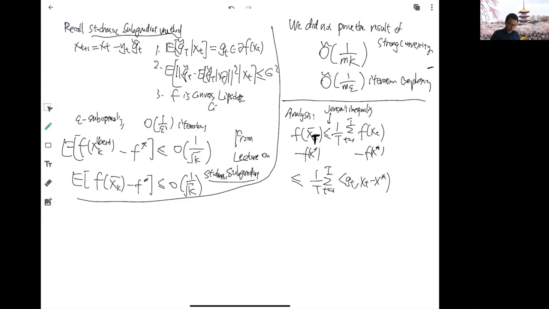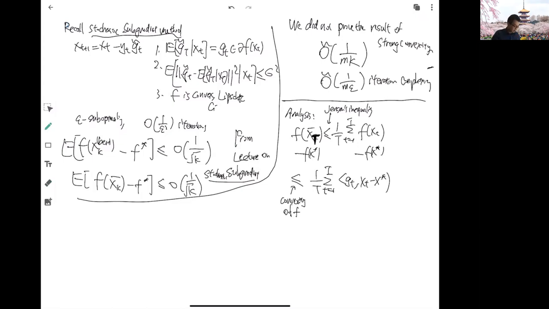Notice that we are basically doing the linearization at x_t, and then using it to lower bound f of x star by applying the convexity and the definition of the subgradient.